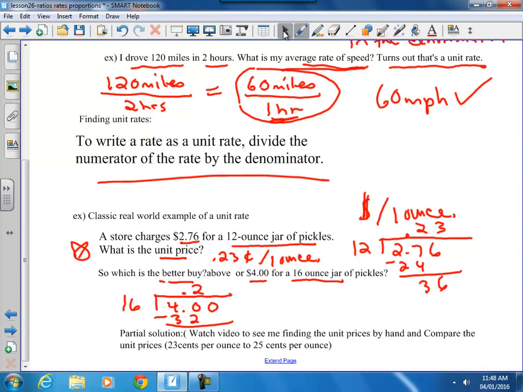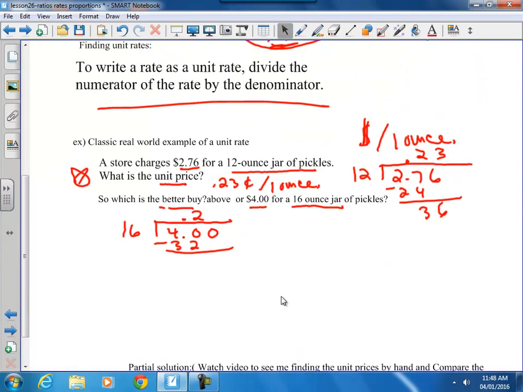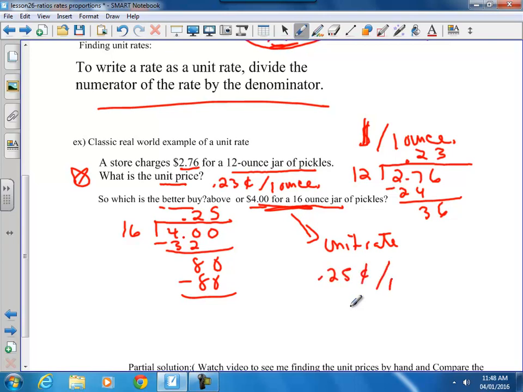Let me scoot that answer down. And 16 goes into 80 5 times, so 25 cents. So the unit rate on this situation, or the unit price, you could say, is 25 cents per ounce.